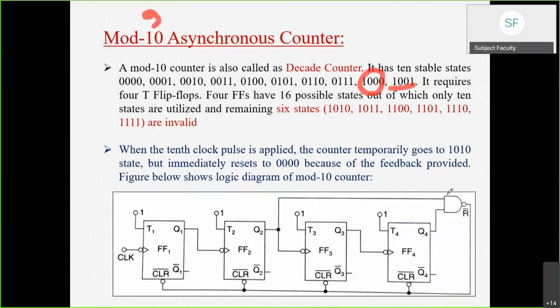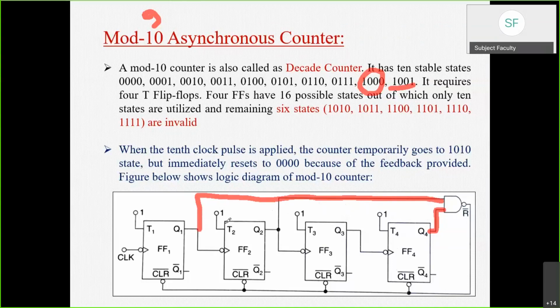So what will be the change here? You have to observe that Q4 and Q1 are 1 now. So Q4 will be one of the inputs, and the second input will be connected to Q1.